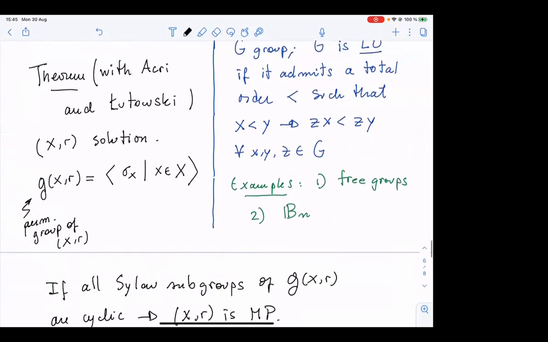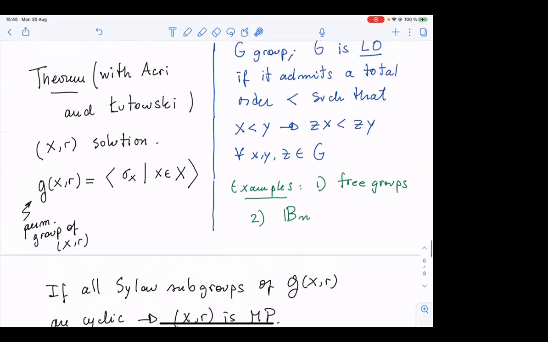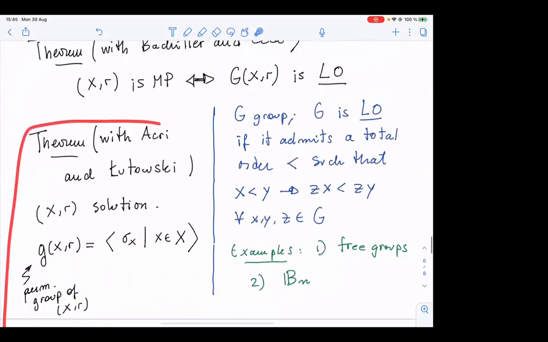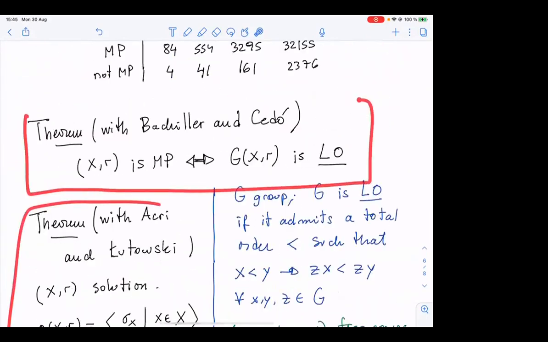Okay, so this is just one result that you can use to detect when you have a multi-permutation solution. And this result is sort of a corollary of the previous result. In the proof you need to use this.